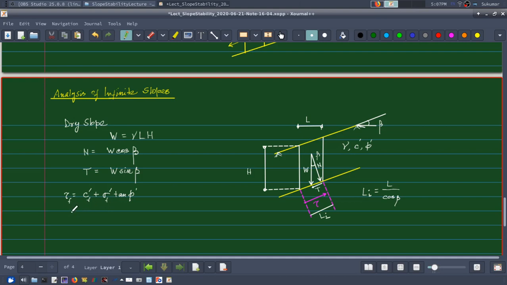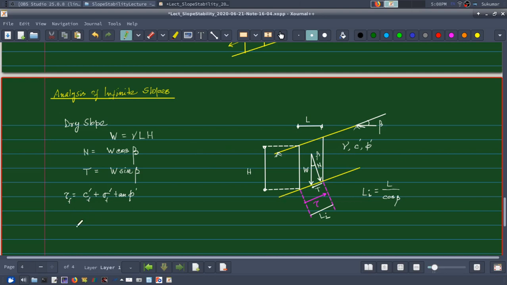But due to deformations, you know from the triaxial test that to mobilize the peak strength of a soil, the soil must undergo enough strain, that means a lot of deformation is needed, and that condition may not always prevail in the slope.